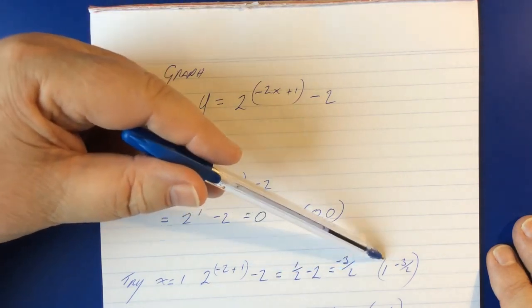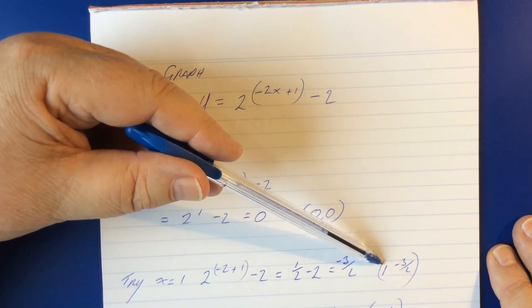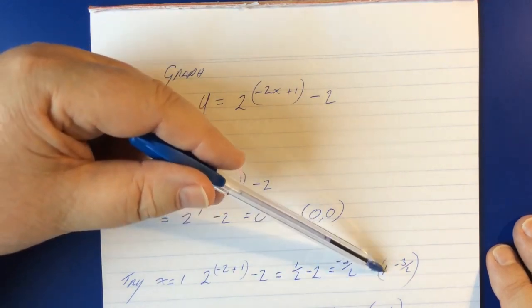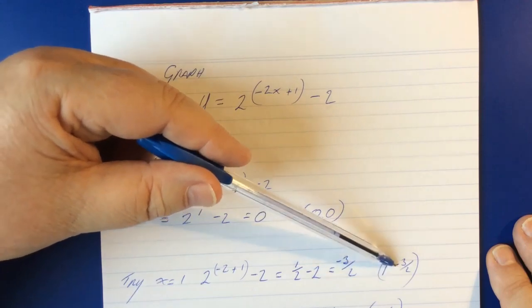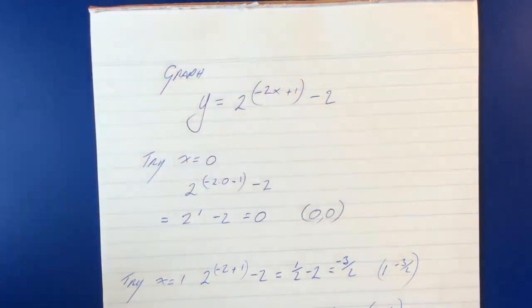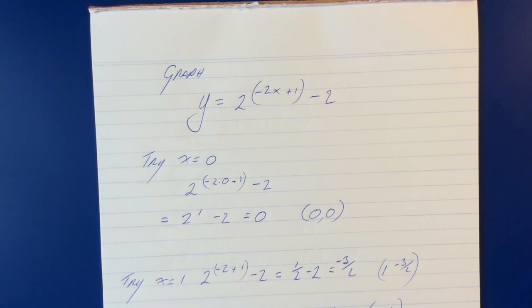So I've got a point I can plot on the right-hand side of the y-axis: x equals 1, y equals negative 3 over 2. This is in the bottom right-hand quadrant, the fourth quadrant, and that gives me some clue as to how this is going to look.